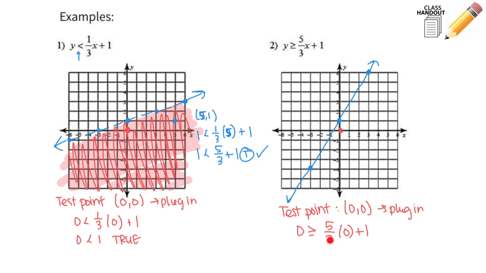So if you do have a fraction slope, you know that anything times 0 is just going to 0 out. So when we simplify, this becomes 0 is greater than or equal to 1. That statement is false, which means this point is not a solution, which tells me that all the points on the other side are the solutions.